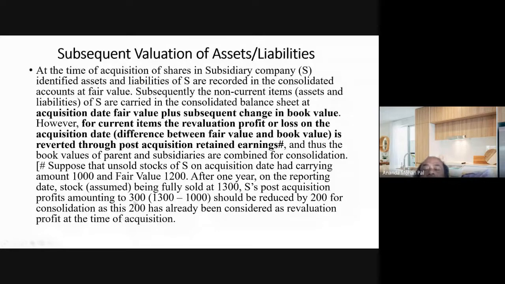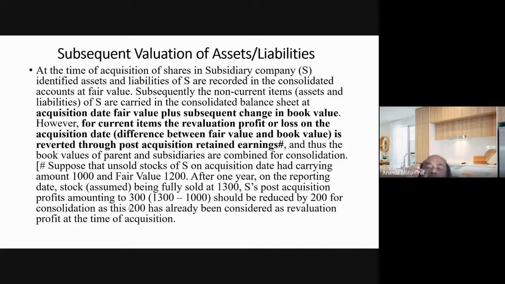This 300 profit, which is really post-acquisition profit, includes the 200 that was earlier taken in the consolidated account as revaluation profit. So you cannot take this 300 and again that 200 revaluation profit. So that 200 revaluation profit you have to maintain because of fair value, and this post-acquisition 300 you have to reduce by whatever revaluation profit you have made earlier.